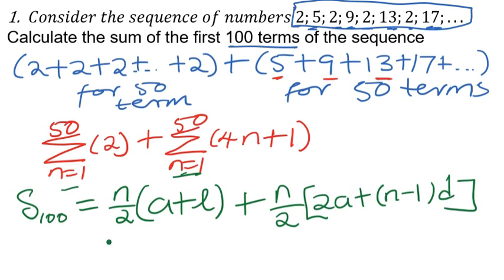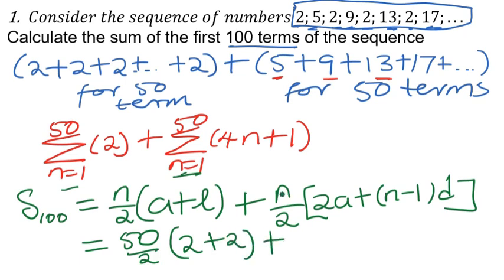Now let us do substitution. Instead of writing 100 here, I write 50, because I divided the sequence into two sequences. I divide by 2 there. I have my a, which is 2, my last term is 2, plus another 50 over 2 times 2a.